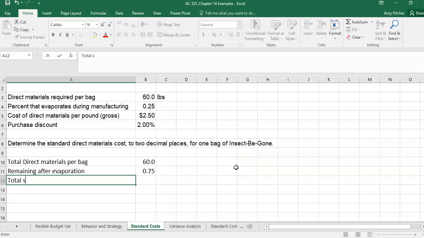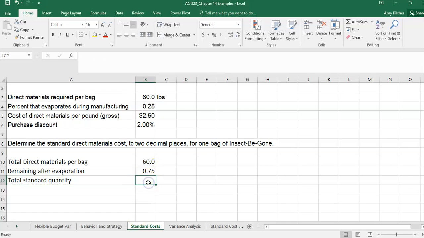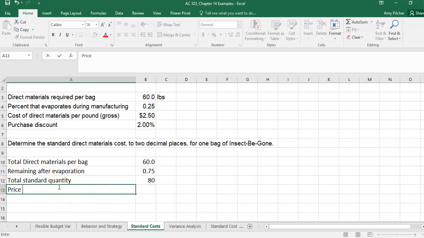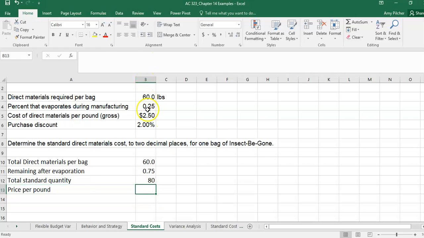So the total standard quantity that we need to factor in for that evaporation is 80 pounds. Our price per pound is $2.50.